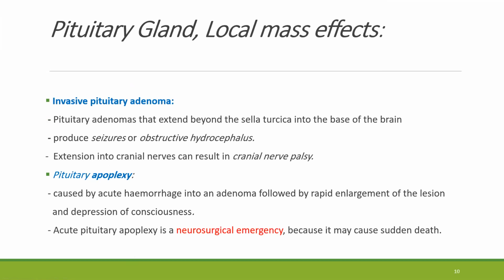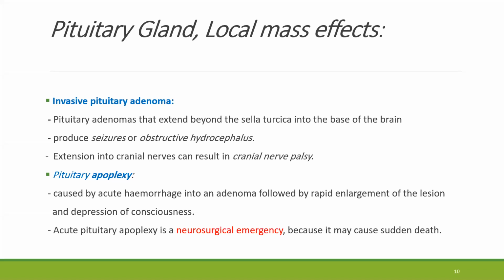There is a term you need to get used to, which we call the pituitary invasive adenoma. The invasive adenoma is just an adenoma that is invading or going into the adjacent organs beyond the sella turcica. Why?